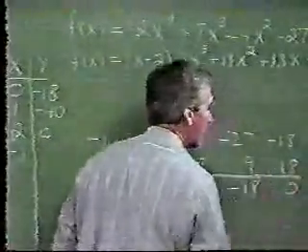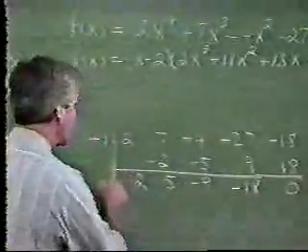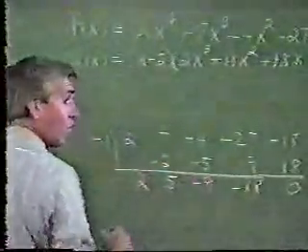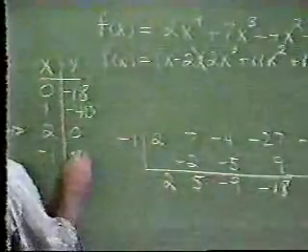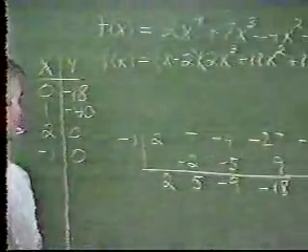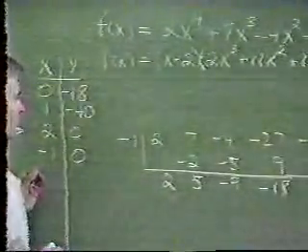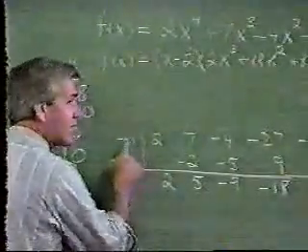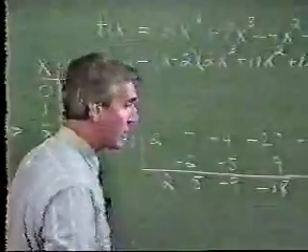Aha, again, a remainder of 0, which means that f of negative 1 is 0, or that negative 1 is a 0. Those coordinates can be placed into our table of values. And we know now that x plus 1 is a factor of the original polynomial.